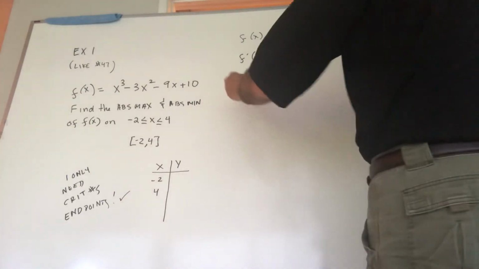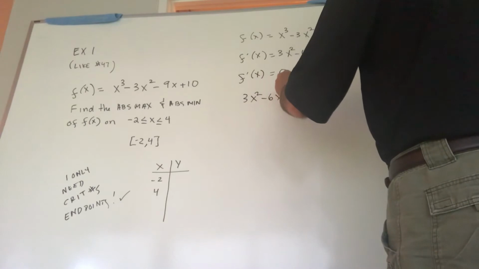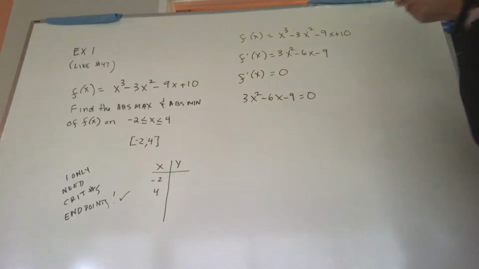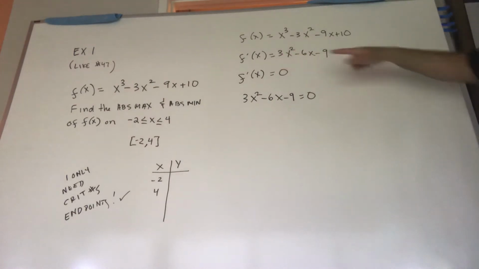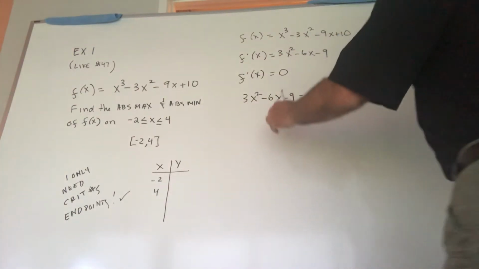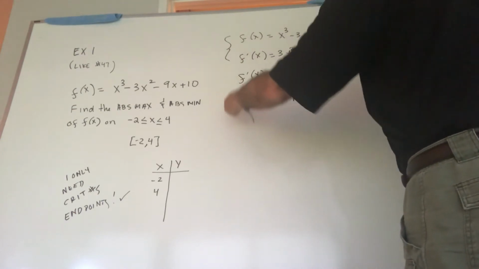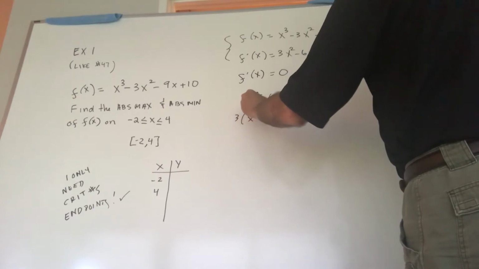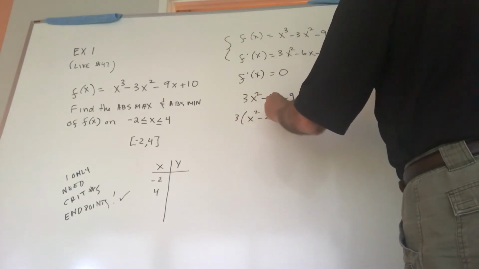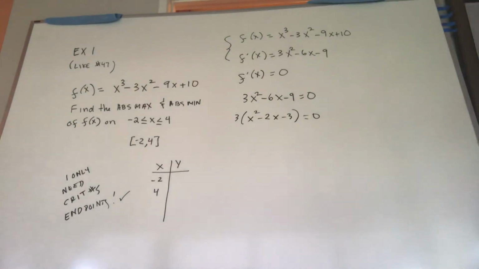So the first step is to take the derivative. That's the calculus part. Then the second step, once we've taken the derivative, is to solve this equation. So now I have to go back and do some algebra. Remember, I usually factor out the common factor.